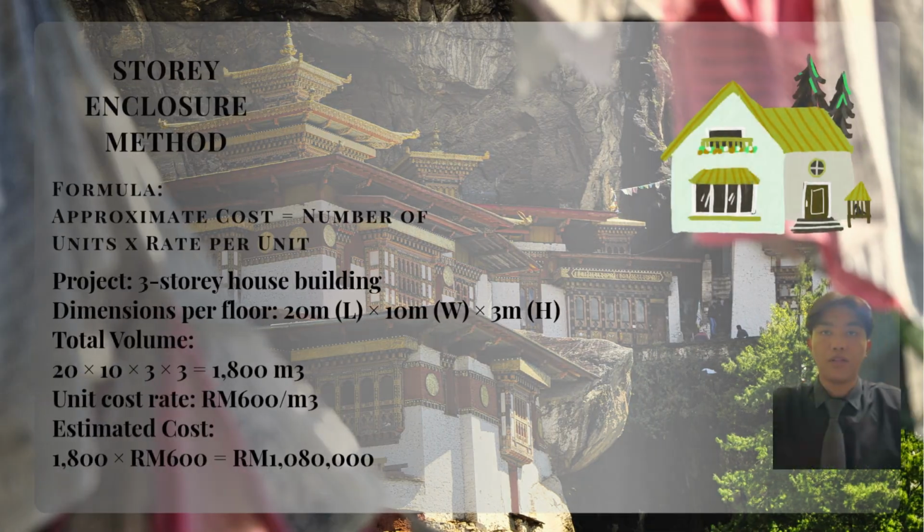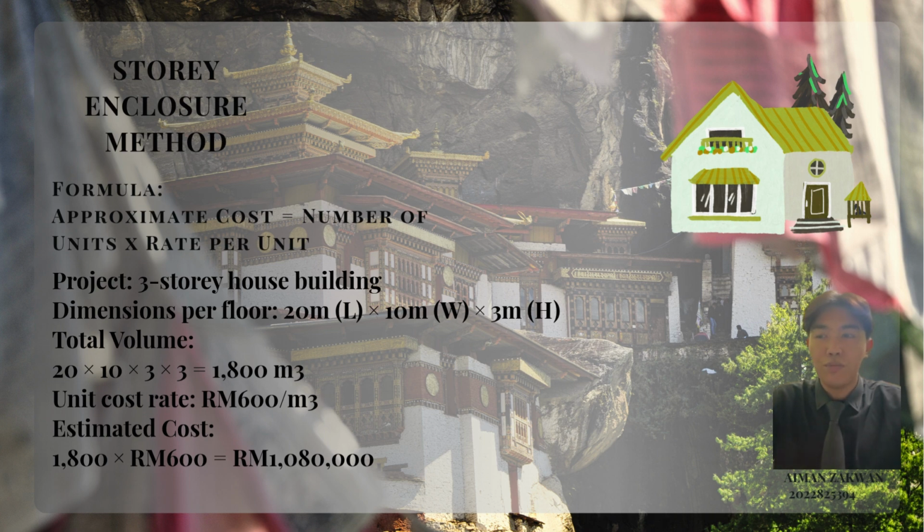Next, I will talk about the story enclosure method. The formula of approximate cost is the number of unit times rate per unit. I will take the 3-story house building for example, where the dimensions for a floor is 20 meter length, 10 meter width, and 3 meter height.